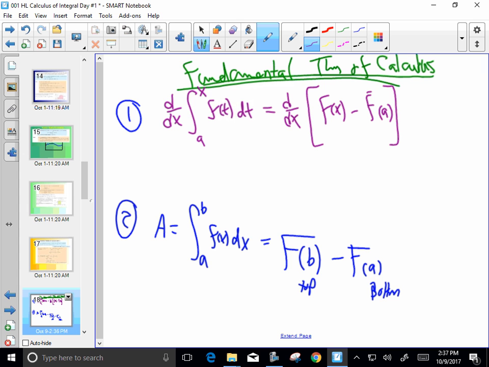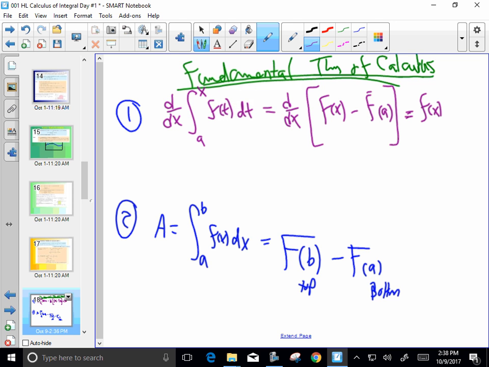By the way, what's the derivative of the antiderivative of f of x? It is just plain f of x. What's the derivative of a constant? 0. And so what this says is if you take the derivative of an antiderivative, they're like inverses. One undoes the other.